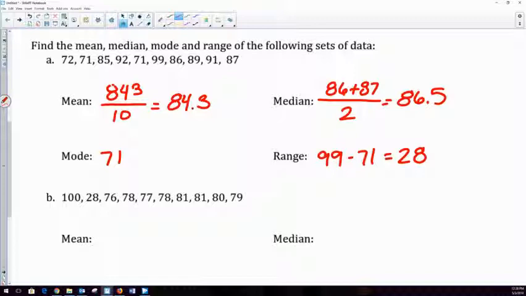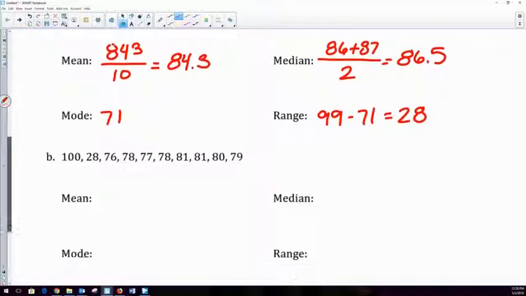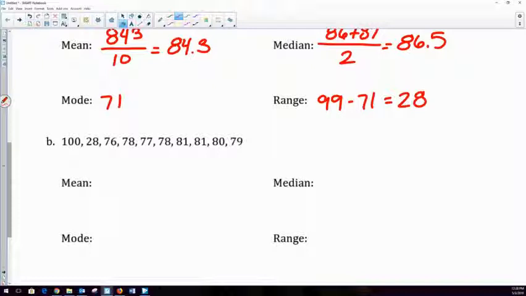What I just listed for you is the mean, median, and mode for letter A. Check your answers with what I got.